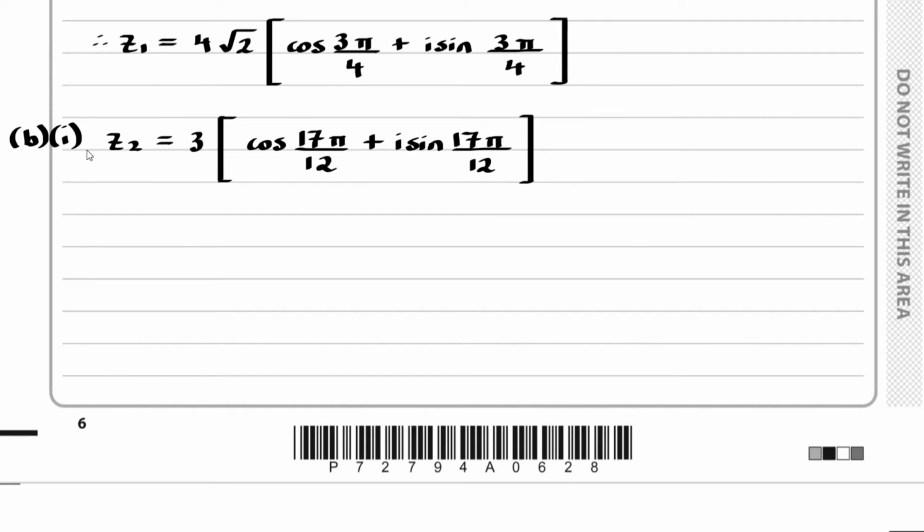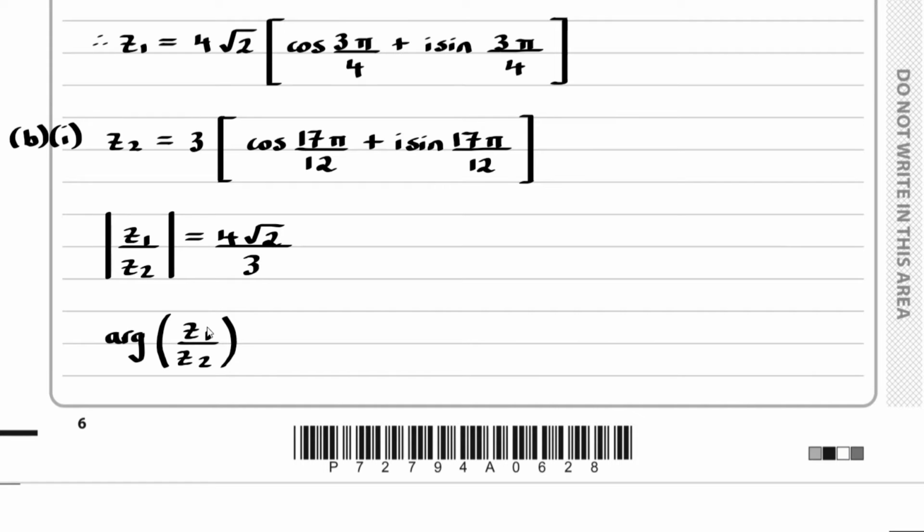So for us to work out what z1 over z2 is, we can begin by working out the modulus of z1 over z2, and that's equal to 4 root 2 over 3. We can now work out the argument of z1 over z2. What we have to do is subtract the arguments.